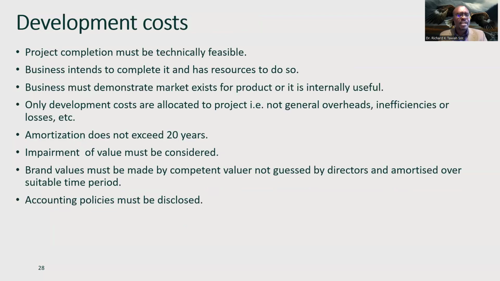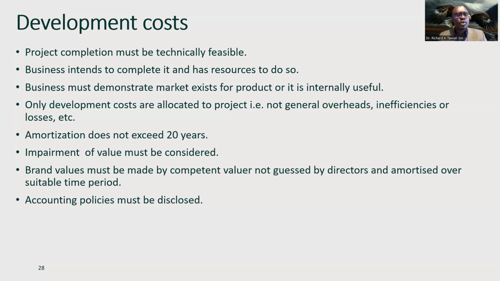Now, development cost, as an auditor, these are things you need to consider. Project completion must be technically feasible, the T under PIRATE. Business intends to complete it, the intention, and has resources to do it, the R. Business must demonstrate that there exists a market for the product and it is internally useful. That will fall under the P.